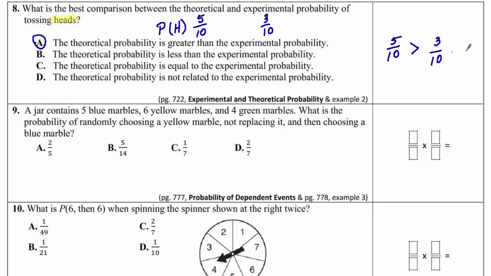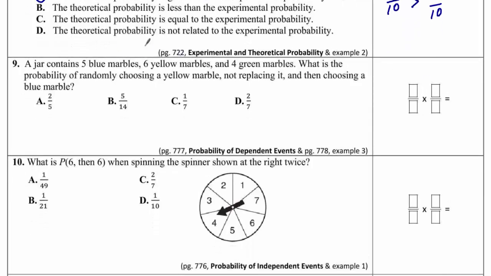Number 9, we have marbles. So we have a jar with 5 blue, 6 yellow, and 4 green. What's the probability of randomly choosing a yellow? So you're going to pull a yellow. You are not going to replace it. That's important to keep in mind. And then you're going to pull a blue.